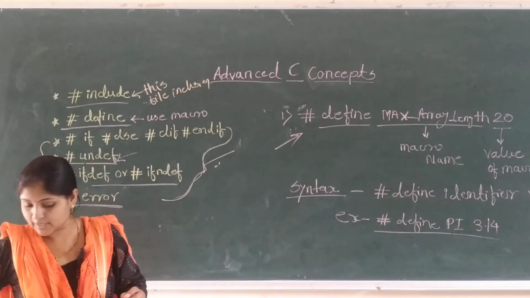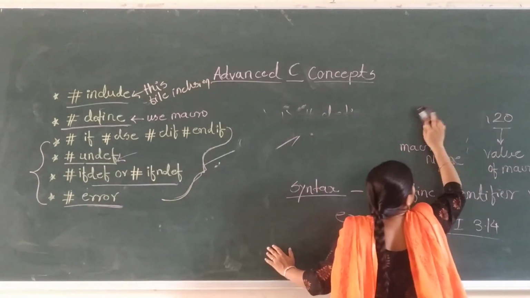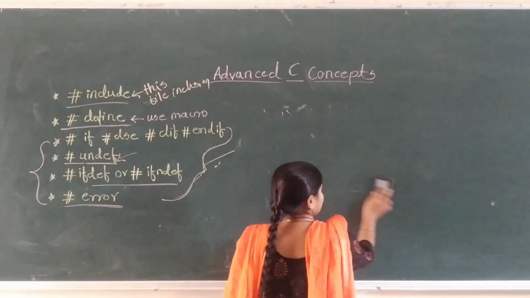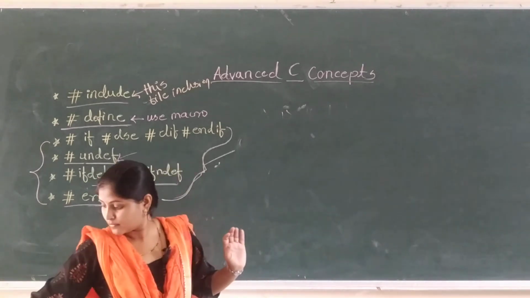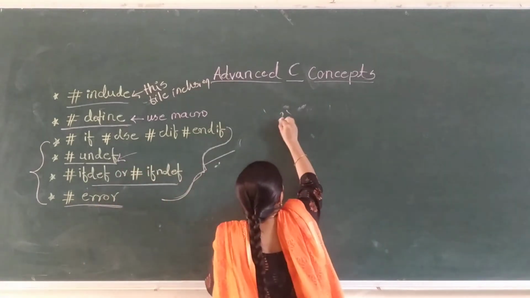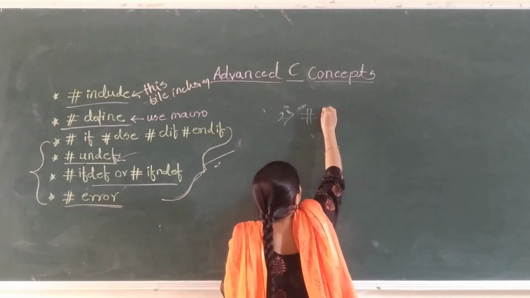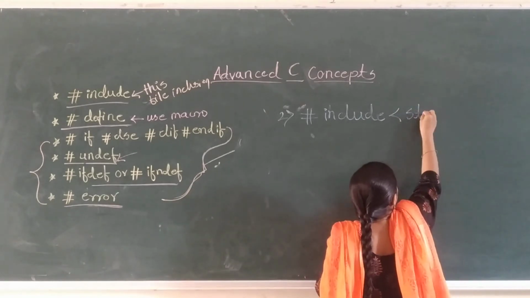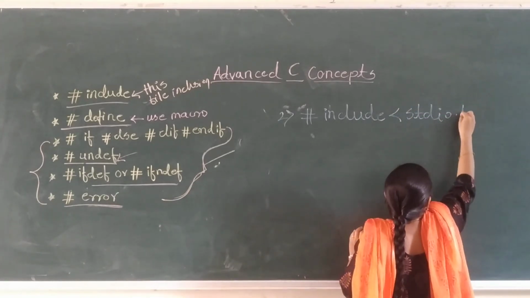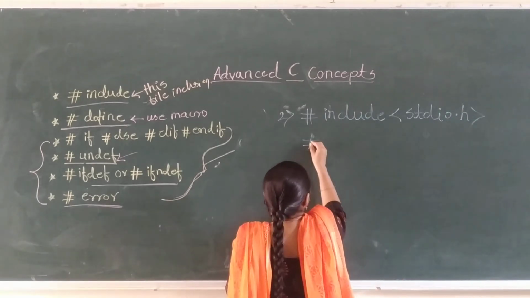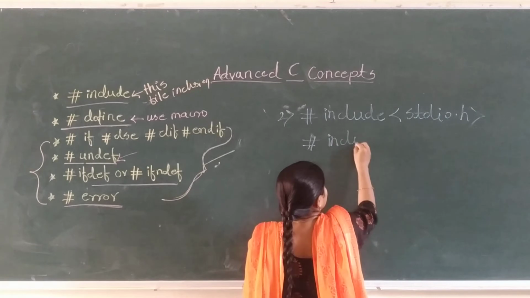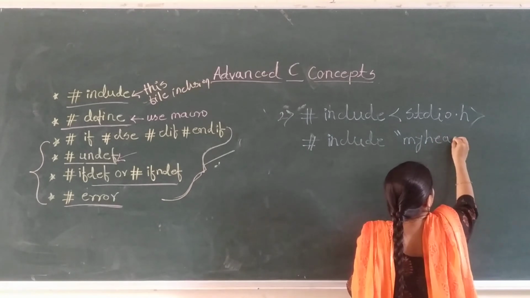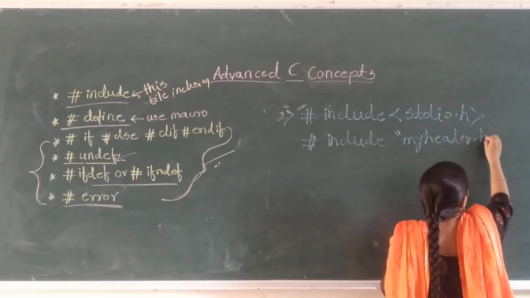Next, the next type of preprocessor directive is hash include. Hash include stdio.h or hash include my header dot h.